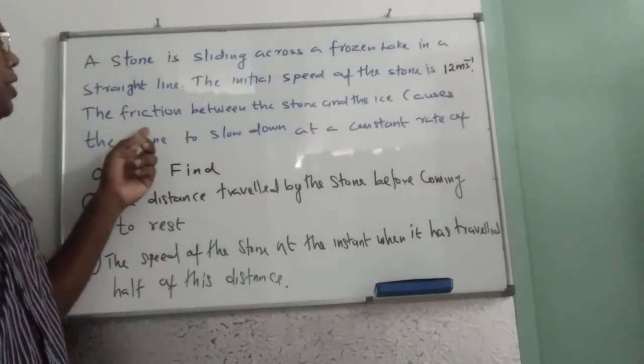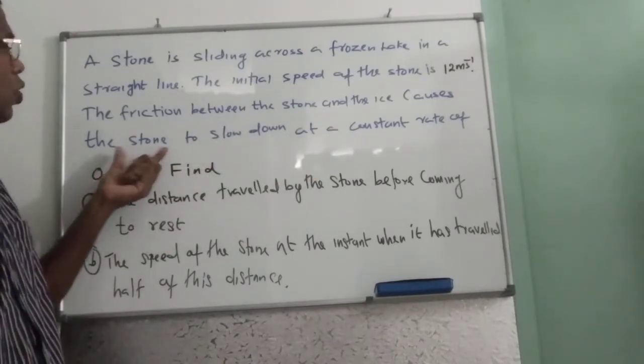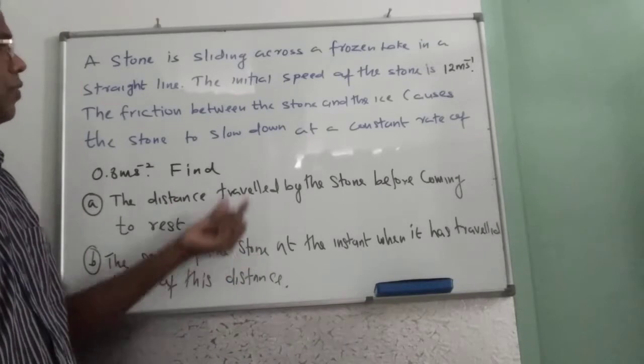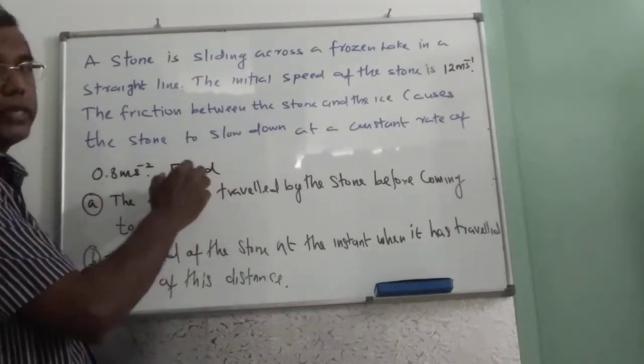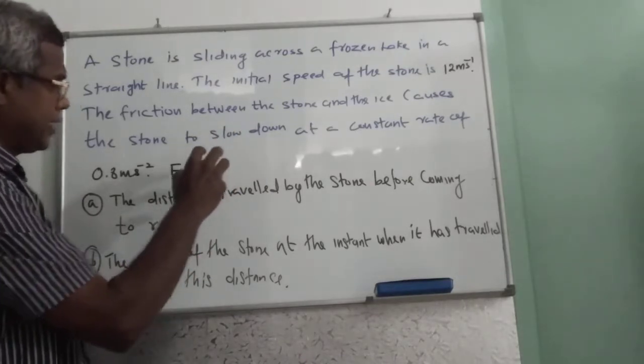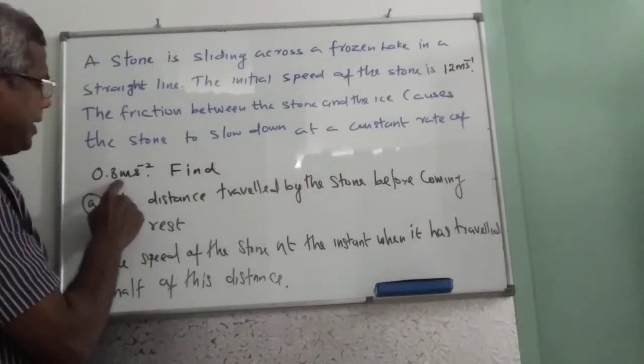The friction between the stone and the ice causes the stone to slow down. So friction is mentioned here, and there is no forward force, so obviously the object is going to decelerate. The constant rate is given as 0.8 m s^-2.